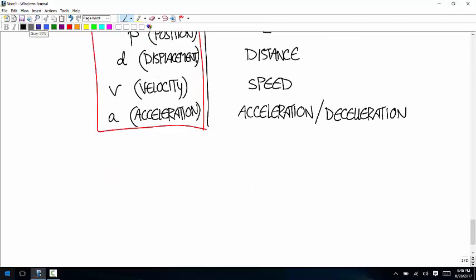So we've talked about what position means. Now I'm going to talk about displacement and compare it to distance.